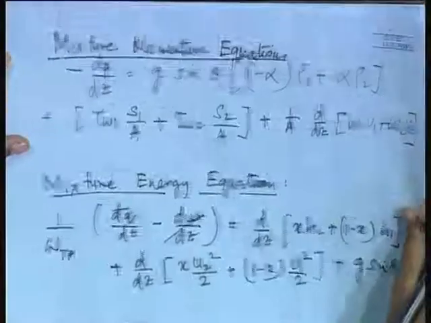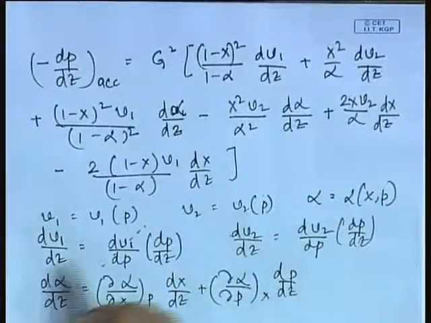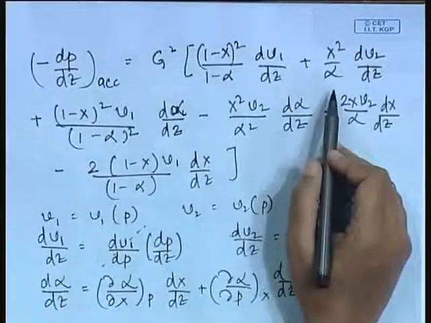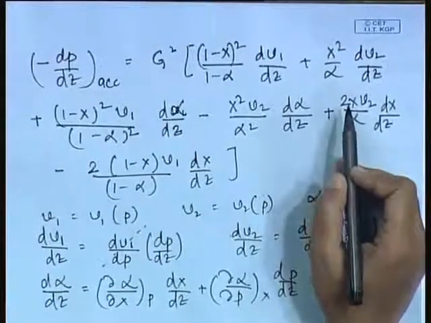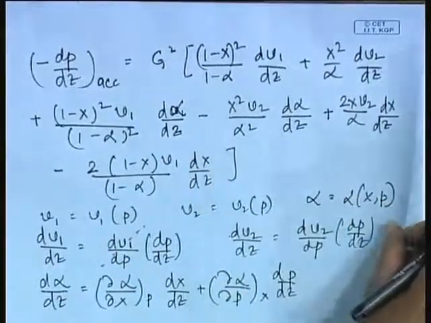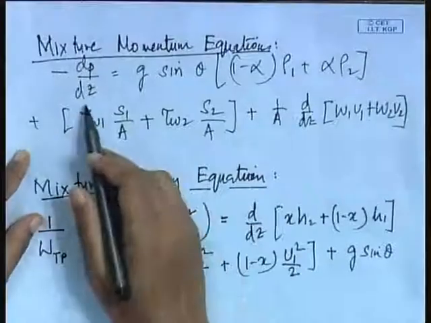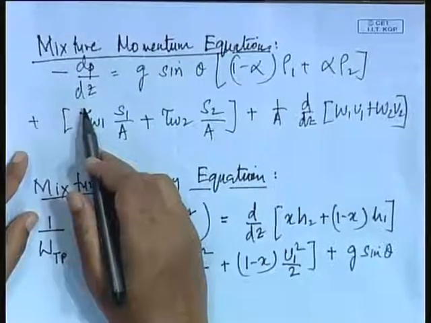So, you first substitute these equations in the acceleration pressure gradient to get its final expression, and after that, this expression has to be substituted in the total pressure gradient expression.